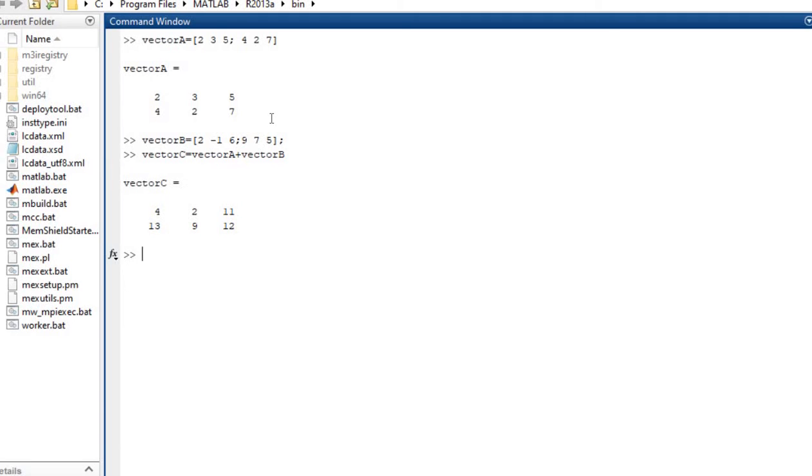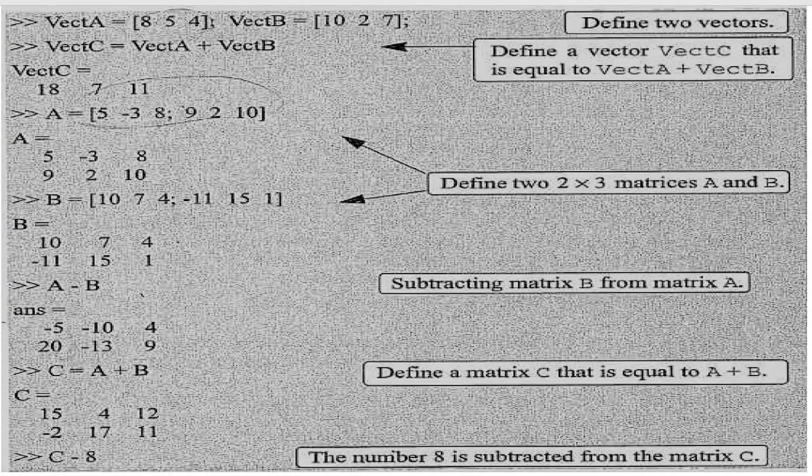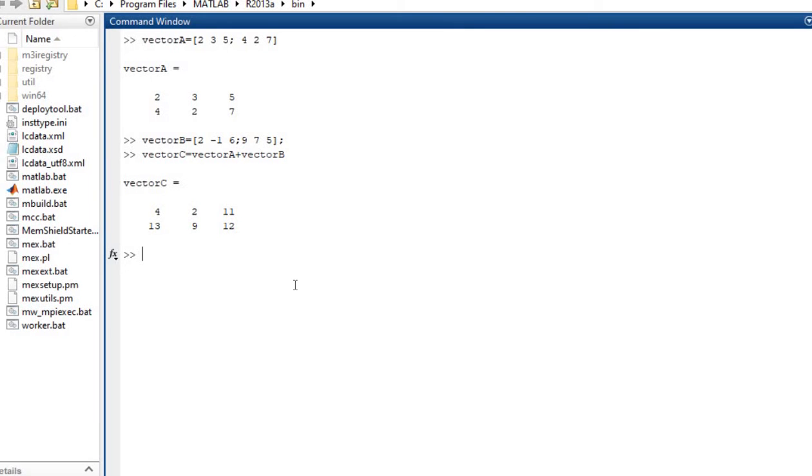Suppose you want to subtract a single number from the matrix, for example vector A minus 3. The answer is that in the A matrix, each and every element will be subtracted by 3. So the answer is minus 1, 0, 2, 1, minus 1. Like that we are adding.